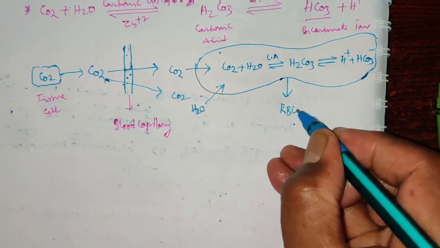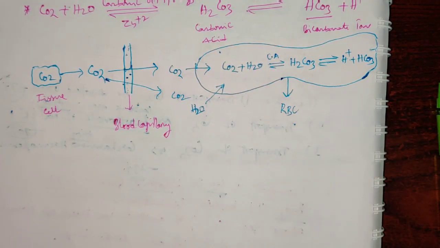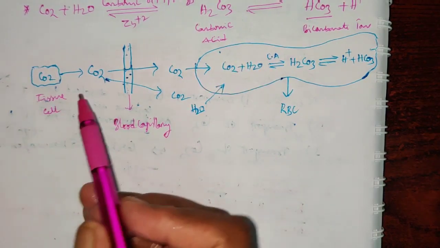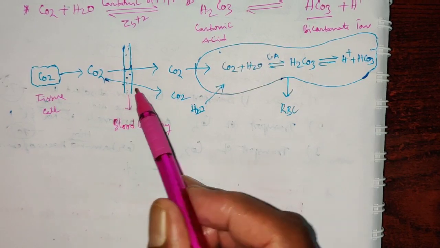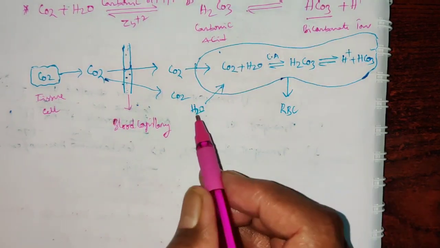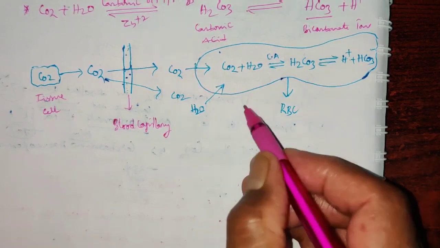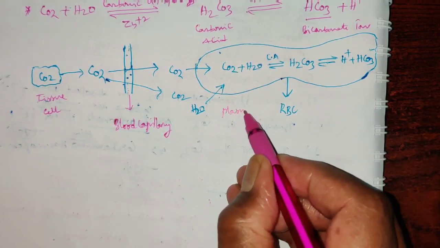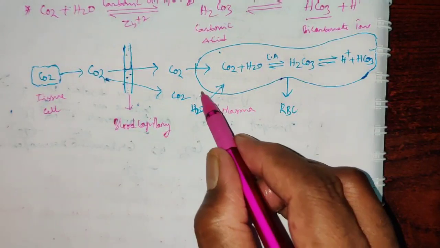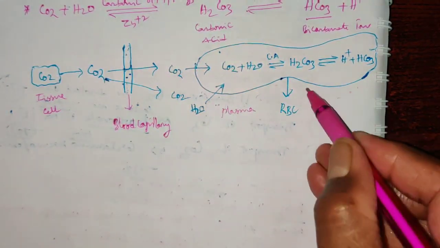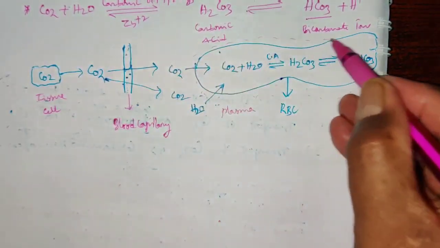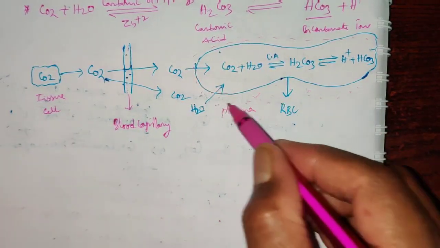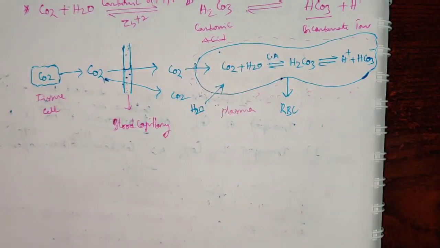So carbon dioxide from tissue cells is diffused into the blood through the blood capillaries and then enters into red blood cells. This area is called plasma.